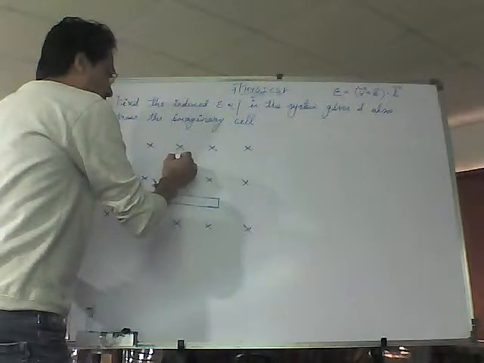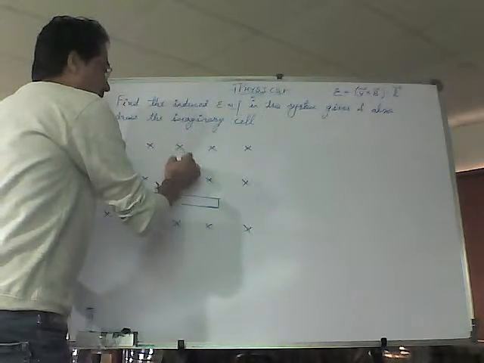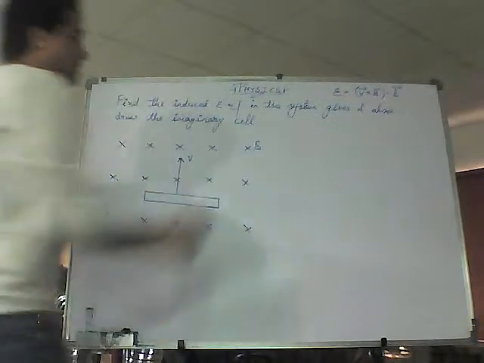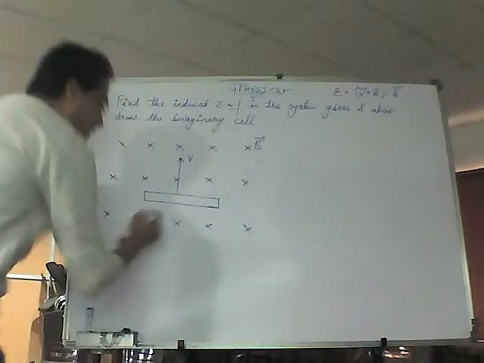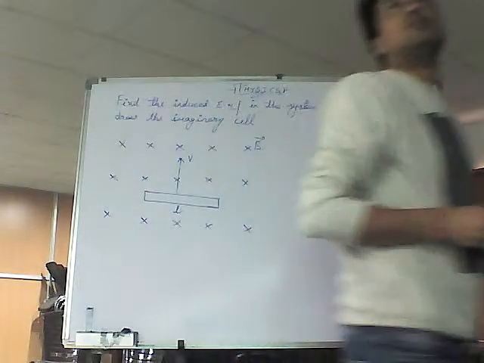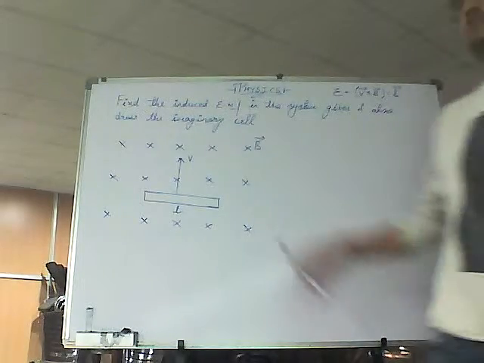So suppose this conductor is being moved in this particular direction with velocity v, magnetic field B which is a constant, length vector L again a constant and it is being moved with a constant velocity in this particular direction.